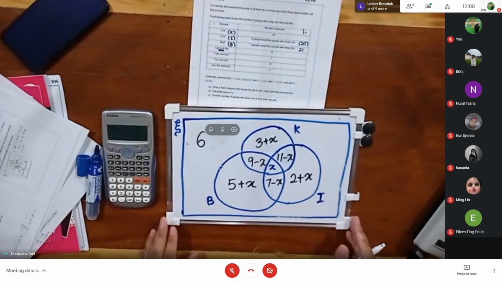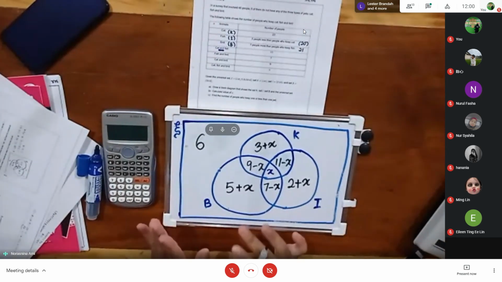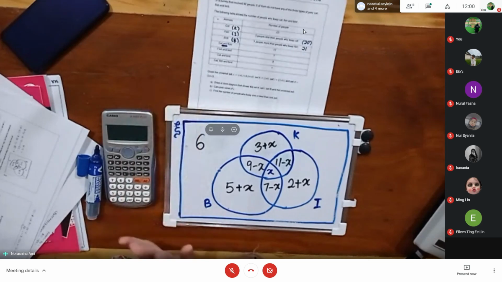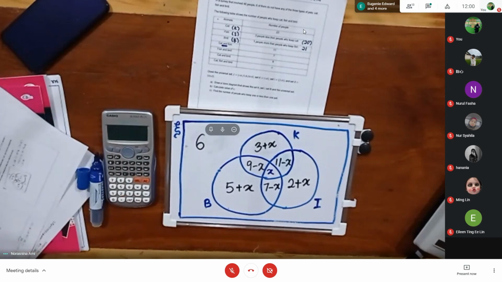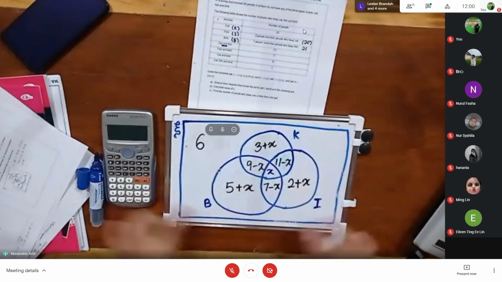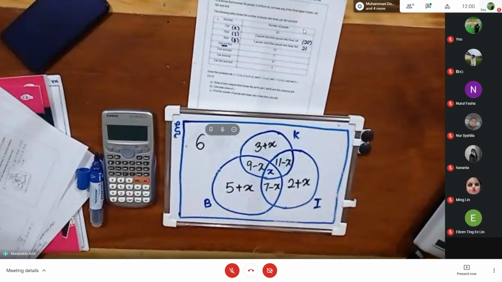Okay, now for B and C, I will explain to you. Later on, you calculate it by yourself. Okay. B is easy only. Calculate the value of x. Okay, you can think immediately. To determine the value of x, the total number in this universal set is 48 people.